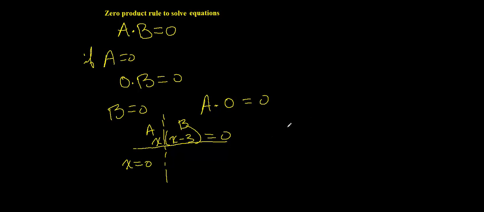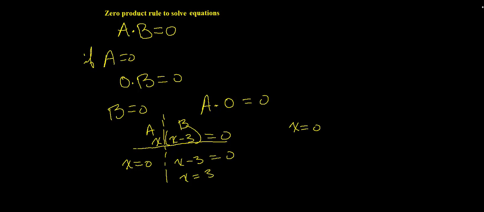That gives us one of the solutions, so x equals 0 is one solution. And if b equals 0, then this whole expression here, x minus 3, must be equal to 0. And for that, we have to determine for what values of x this little equation here will be 0. So in this case, if we solve for x, we can clearly see that x will have to be equal to 3.